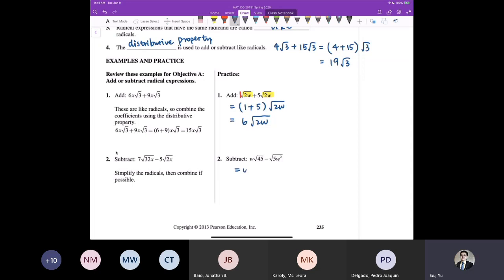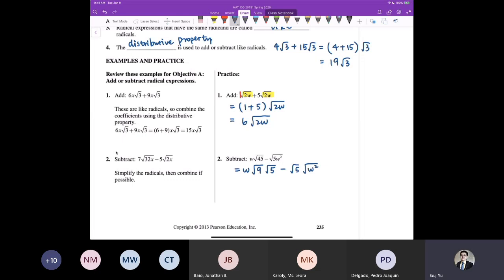First one, if it's the number outside, you just copy it. And then radical 45, I will break down into radical 9 times radical 5, because radical 9, we know what that is. It's 3. Minus radical 5w squared. So same thing, we're going to break it down into radical 5. 5 is not a perfect square. That's all we can do. And then w, and then square root of w squared.